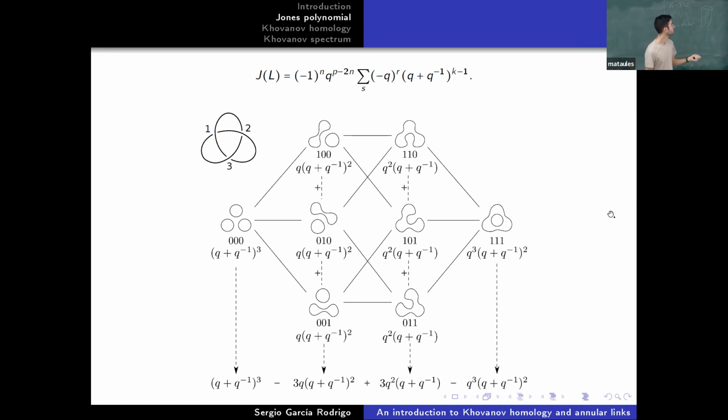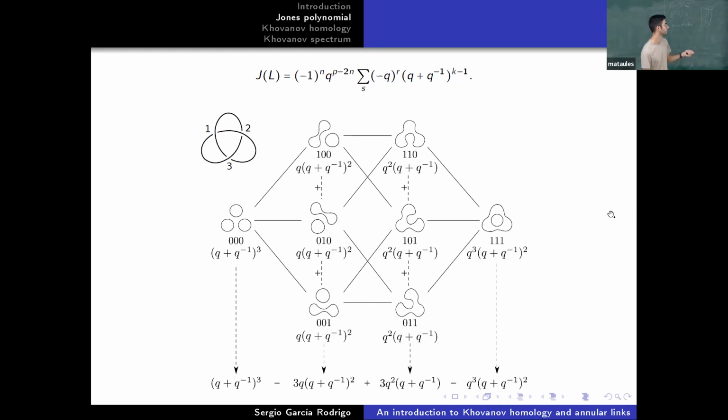And then we decorate each vertex by the polynomial that comes with that state. And if you see, it just corresponds to a copy of q for the number of ones they have. So here it's q to the 0, here appears 1 q, here 2 q's, and 3 q's. And a copy of q plus q to the minus 1 for each circle we have.